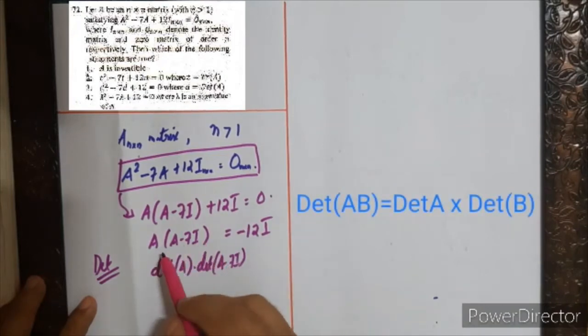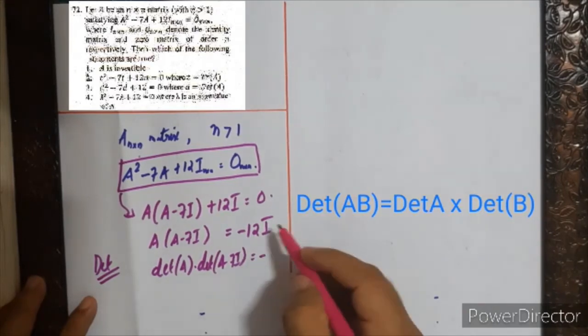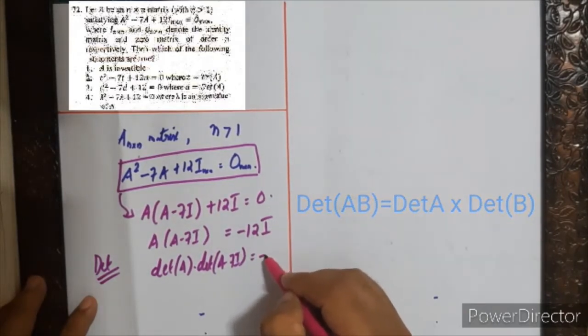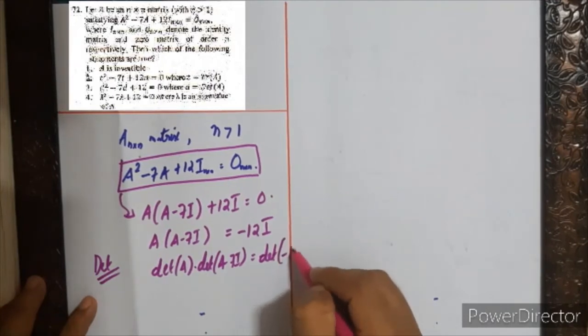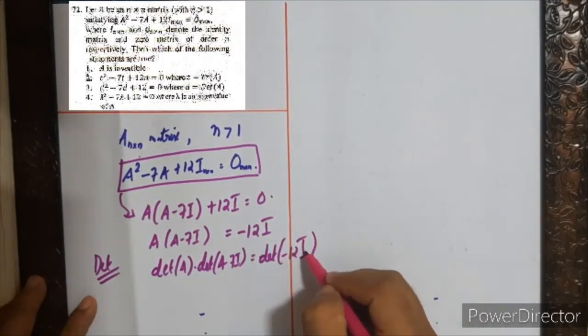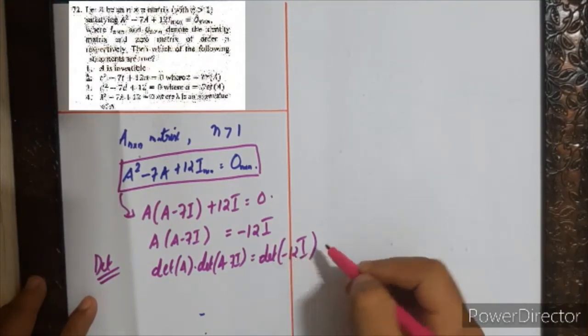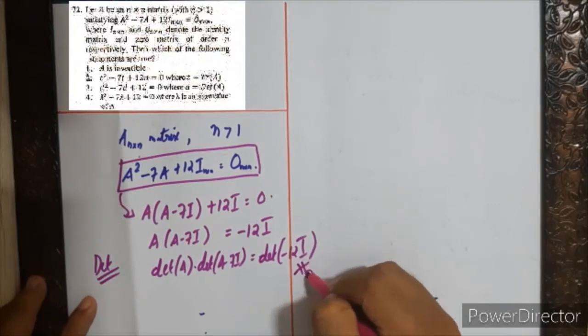We know that determinant of A into B equals determinant of A into determinant of B. This is equal to determinant of minus 12I. But we know that determinant of I is 1, and determinant of minus 12I cannot be equal to 0.